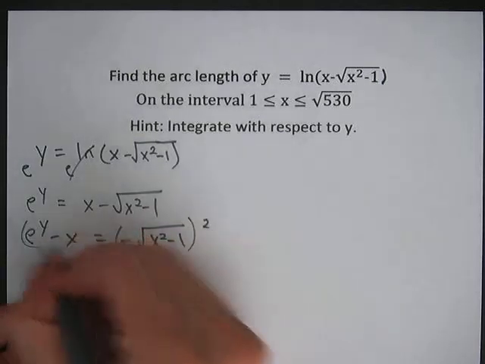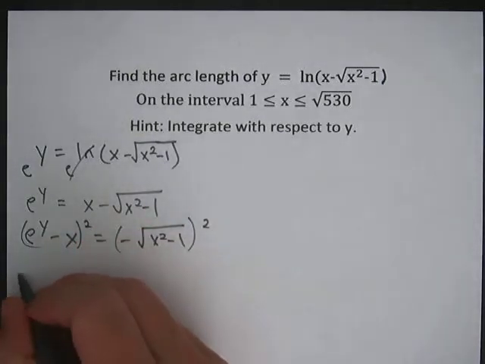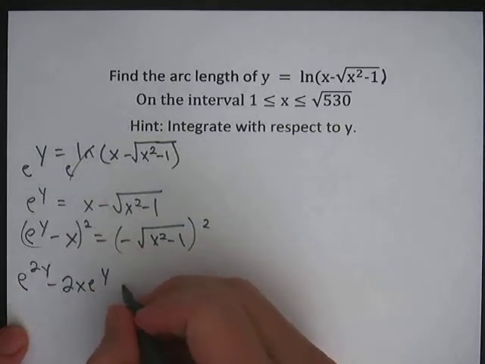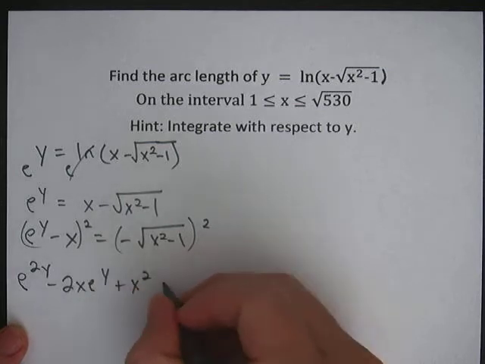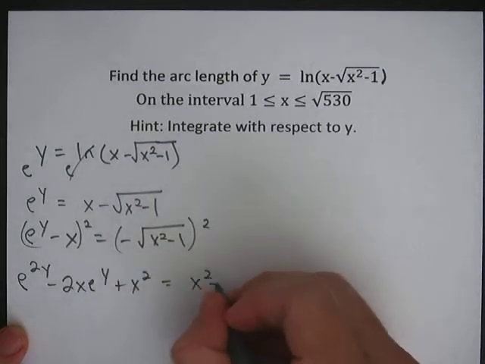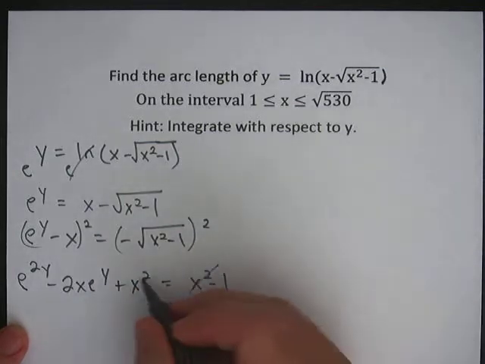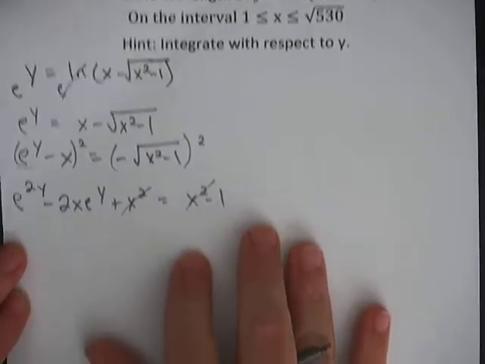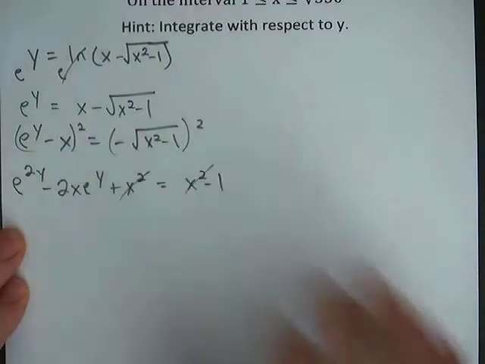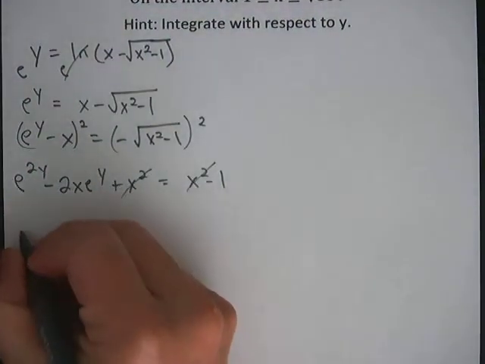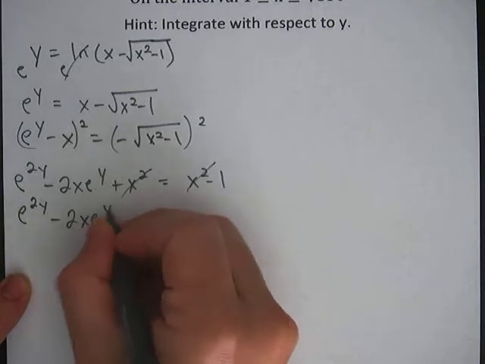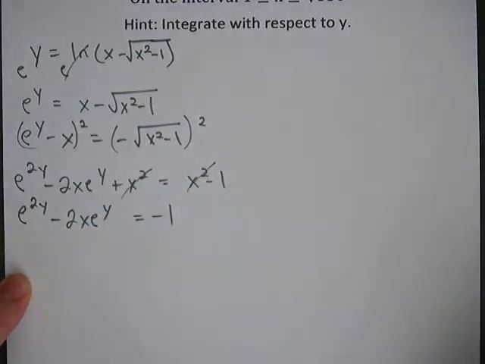Let's square both sides. So we get e to the 2y minus 2x e to the y, that's the two middle terms added together, plus x squared equals x squared minus 1. This term cancels if we subtract it from both sides. Okay, so we get e to the 2y minus 2x e to the y equals negative 1.